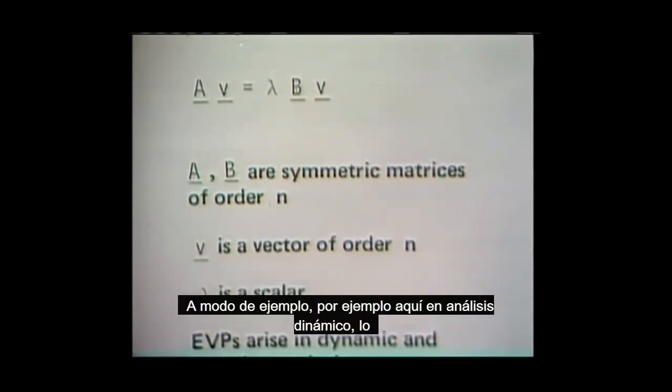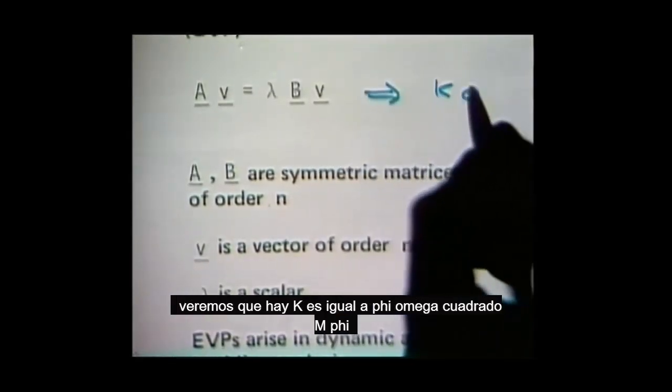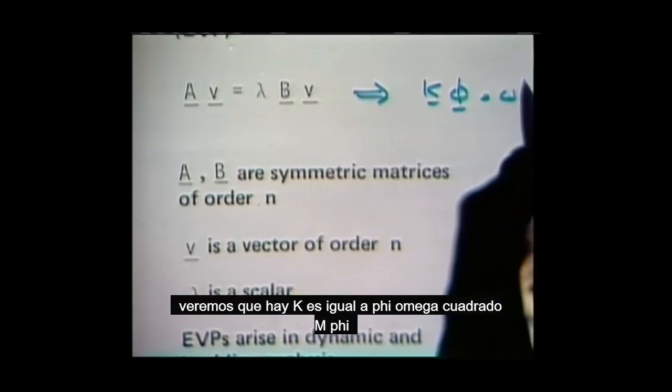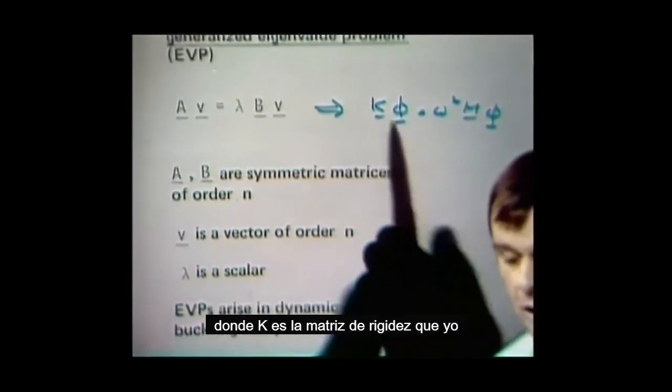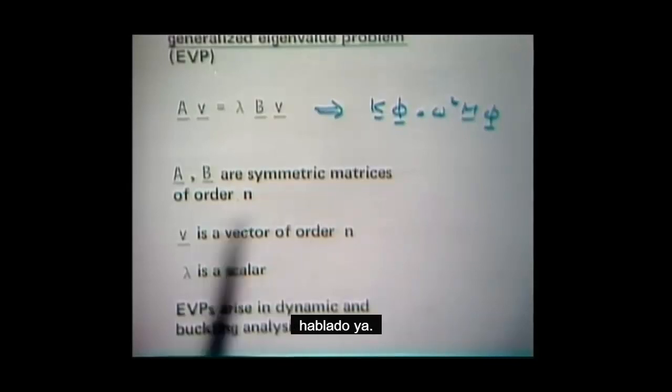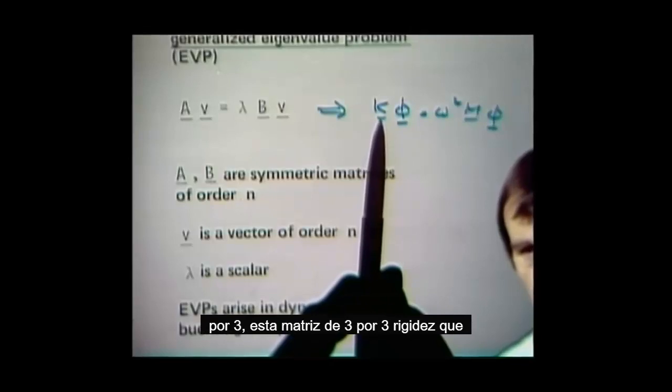As an example, here in dynamic analysis, what we will see there is K phi equals omega squared M phi, where K is the stiffness matrix that I talked about already, which would be for the card system here simply a 3 by 3 stiffness matrix that I introduced to you.